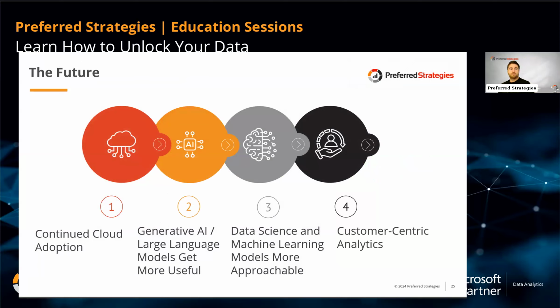Let's jump forward to sort of what does the future of JDE analytics look like? So companies continue to adopt cloud, and I don't think that's going to change. You know, as costs decrease and technology advances, security risks are minimized.